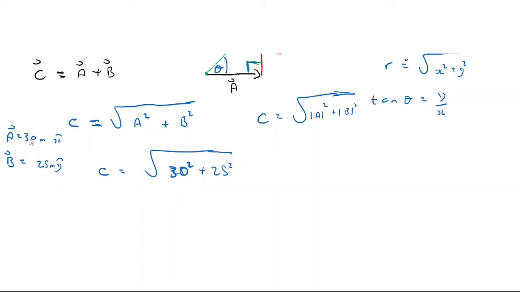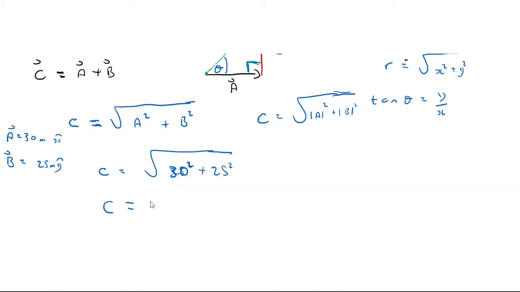So just put the positive numbers, and don't ignore the negatives when you're substituting for the magnitude. So the magnitude of C is the square root of 30 squared plus 25 squared, and it turns out that the magnitude is about 39.